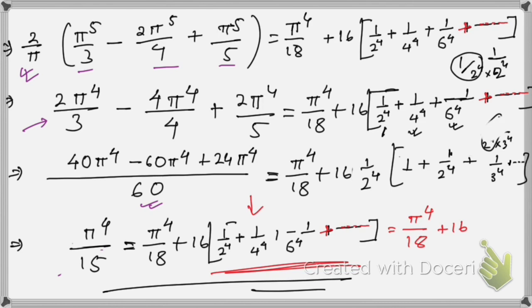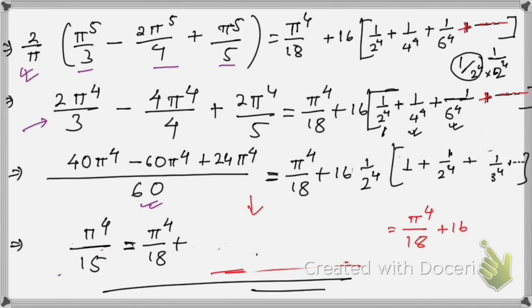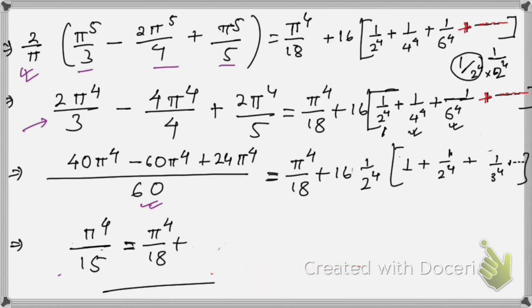So then what we will get on this side here, let me write it again. Then you can see clearly that 16 and 1 by 2 to the power 4, 2 to the power 4 is nothing but 16, so these two we cancel, so we're gonna get only this result, 1 plus 1 by 2 to the power 4.